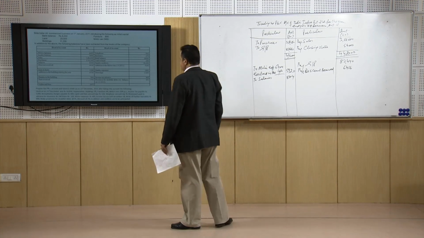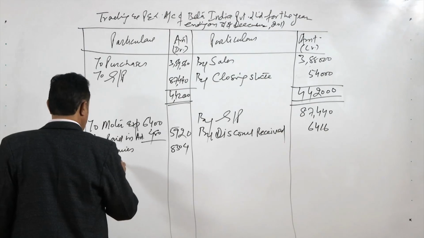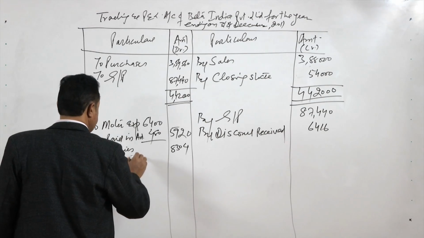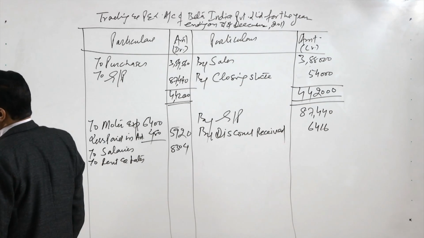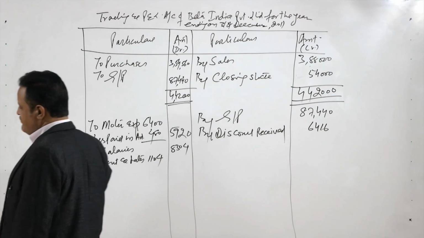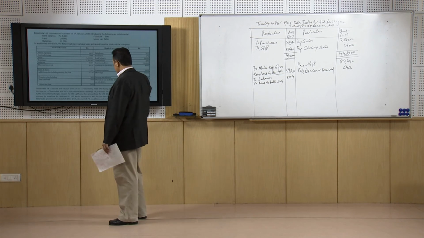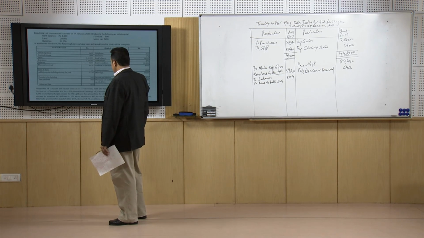Yes, rent and rates, we have to take that into account. That is an expense. Rent and rates are 1,104, and if there is any extra information about this, we will find something there.